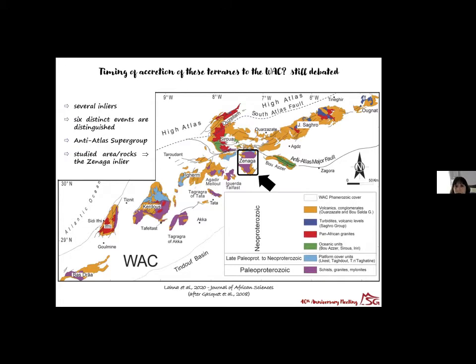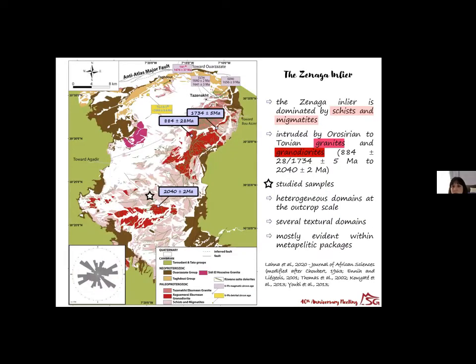And the rocks that we have studied outcrop in the Zenaga inlier. This inlier is located below the major fault of the anti-Atlas and is attributed to the West African Craton. In this more detailed map of the Zenaga inlier, we can see that the terrain is dominated by Paleoproterozoic rocks, by schist and migmatites that are represented in this light pink.